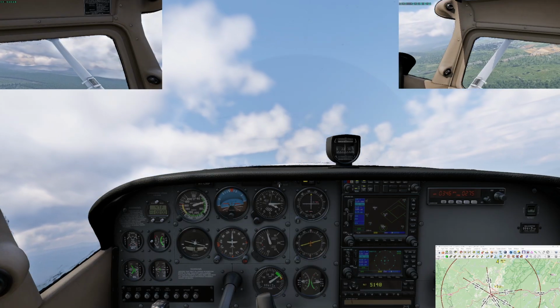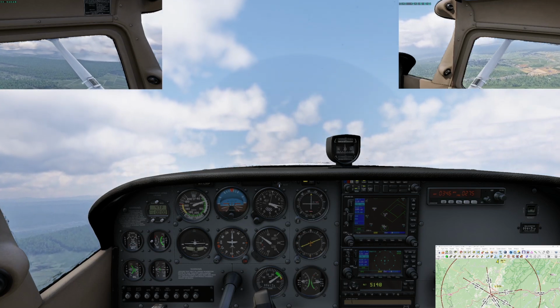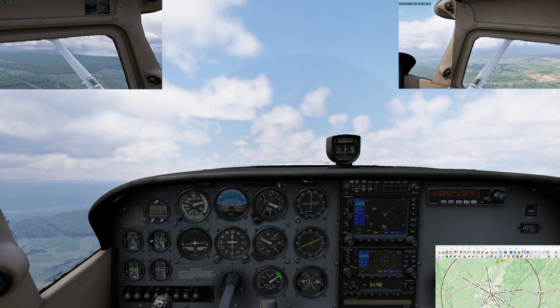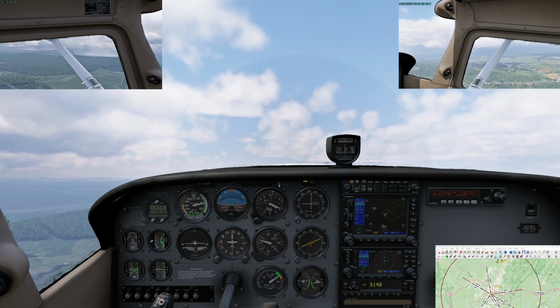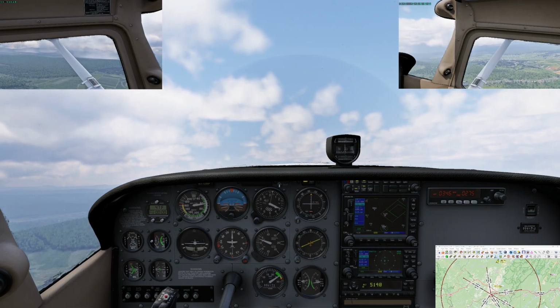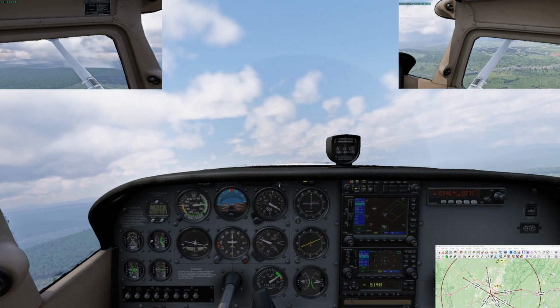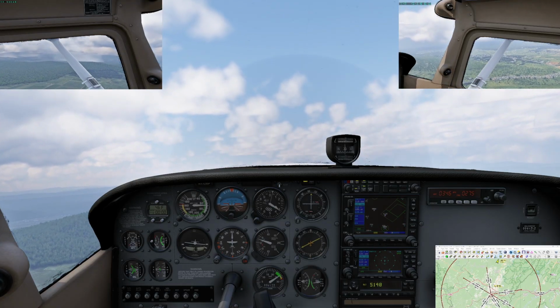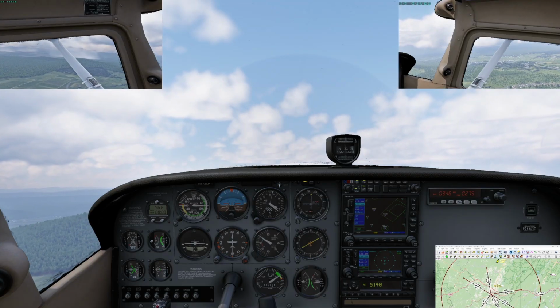X-ray Papa, fly heading 330. Intercept the 360 bearing from Bushy, track that outbound. Heading 330 now for 72 X-ray Papa, climbing to 5,500, for the 360 bearing from the station.